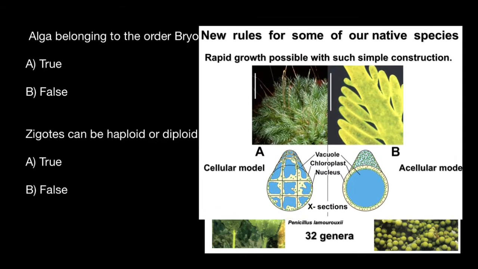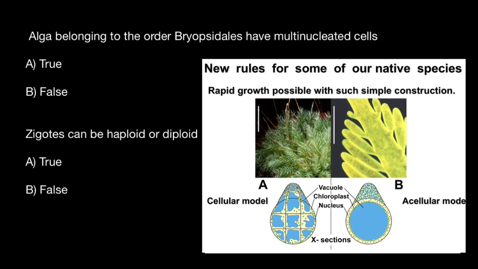But of course, one nucleus is not going to be enough for such a large plant. Morphologically, this alga can be multicellular and multinucleated, but also can be unicellular and multinucleated, or we also can say acellular. And here you also can see a cross-section of this alga.